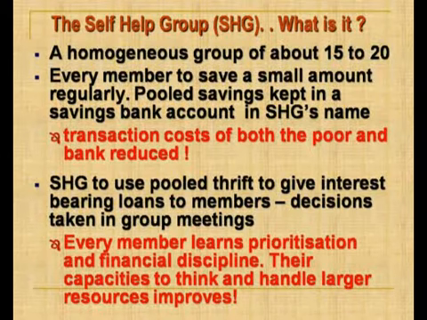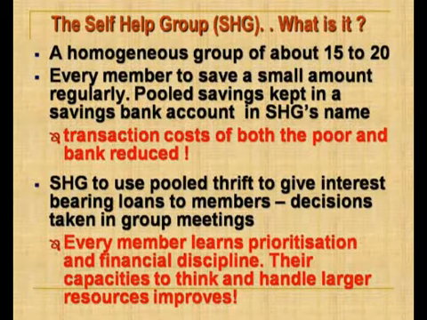Then SHGs use pooled thrift to give interest bearing loans to their members, and this decision is taken in group meetings. It is very helpful for the members to take a decision about whom to give a loan and whom not to give at a particular time, depending on the need and the urgency of a member. This particular thing helps the member to learn prioritization and also financial discipline.